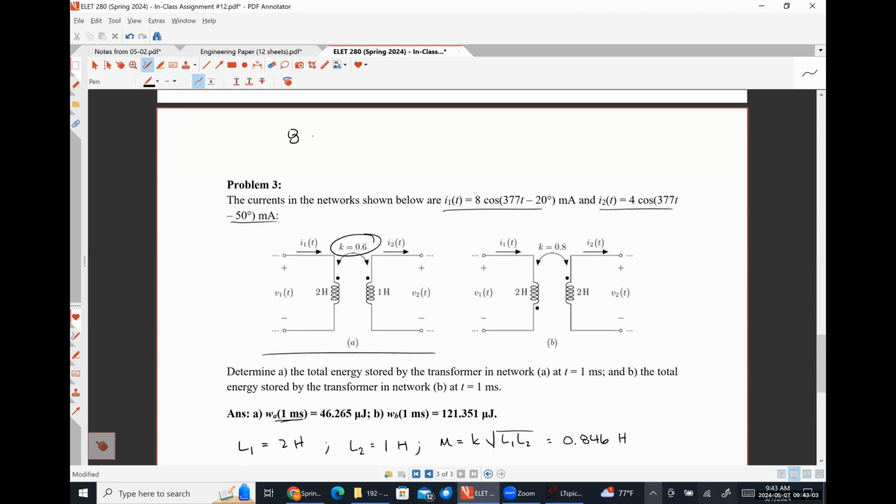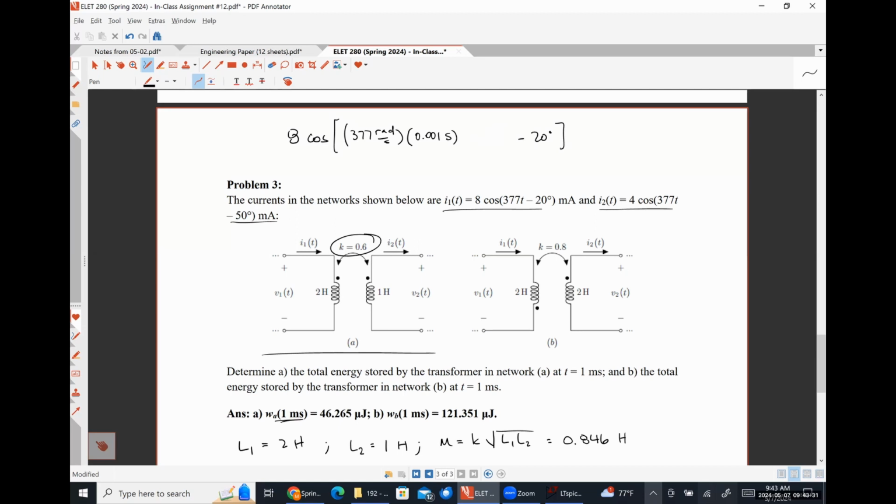I have 8 cosine of 377 radians per second times a time of 0.001 seconds. That's just me converting 1 millisecond into seconds. Minus 20 degrees.